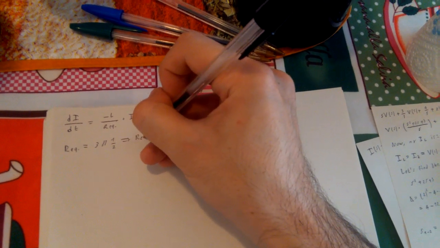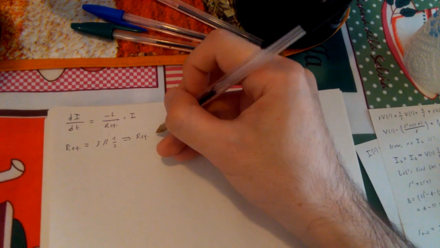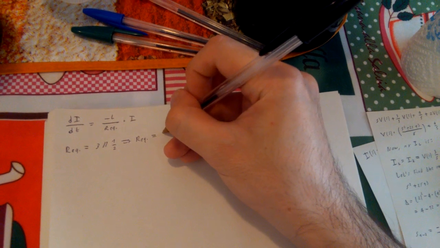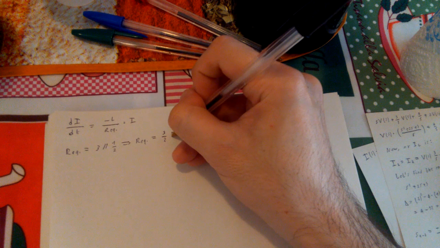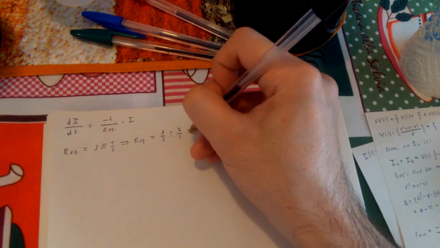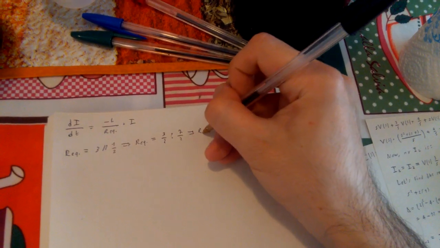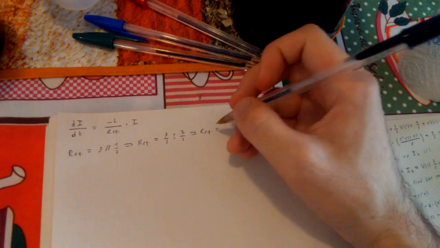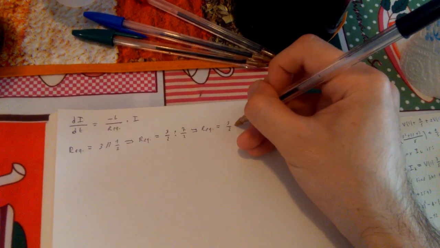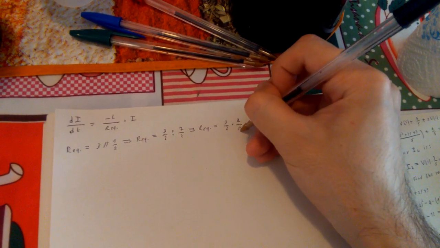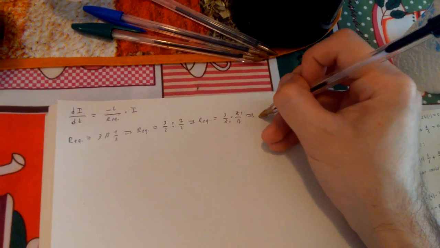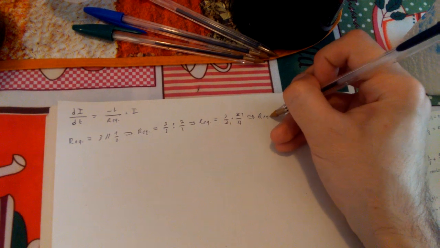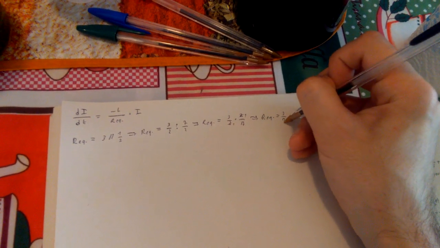So R equivalent is just 3 over 2 divided by 7 over 2. So R equivalent is 3 over 2 times 2 over 7, the 2s cancel out, and I get R equivalent equal to 3 over 7.